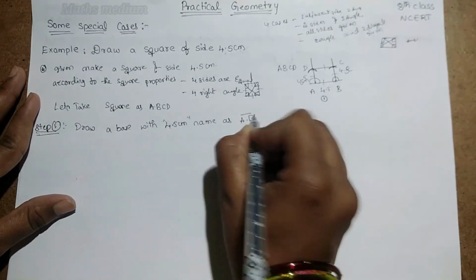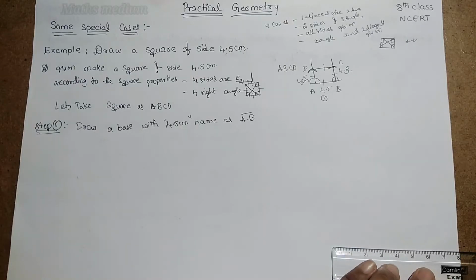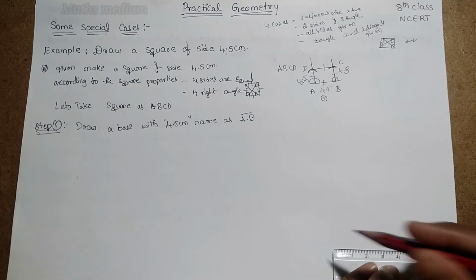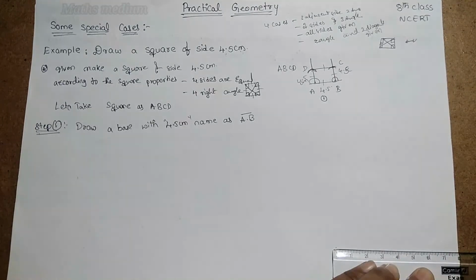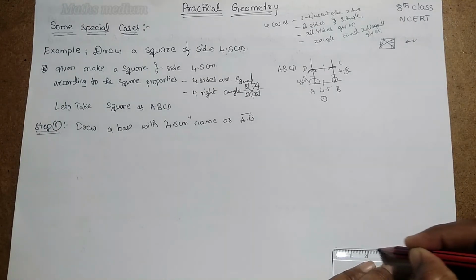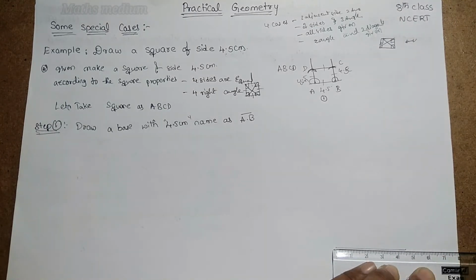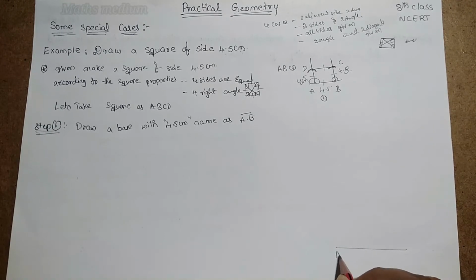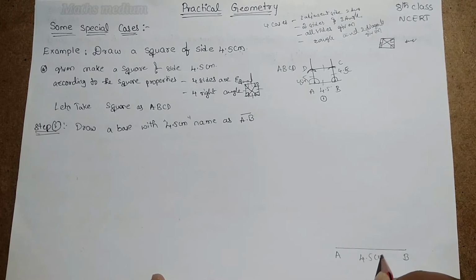So measure 4.5 centimeters. Make 2 points, one at 0 and another at 4.5, and name it AB, 4.5 centimeters. This is step 1.